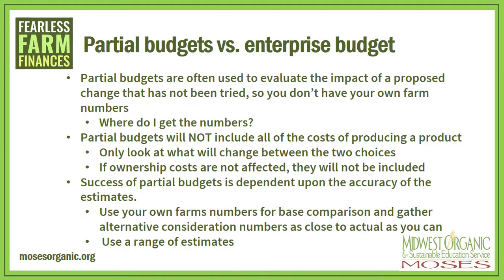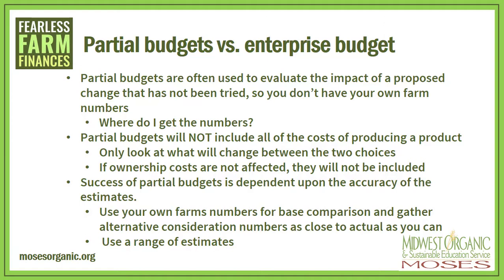Success of a partial budget is dependent upon the accuracy of your estimates. So just remember that you might want to ask for a few different sources or a few different farms' numbers to get a range of numbers that you can then use. Use your farm numbers for base comparison and then gather the alternative consideration numbers as close to the actual as you can get.